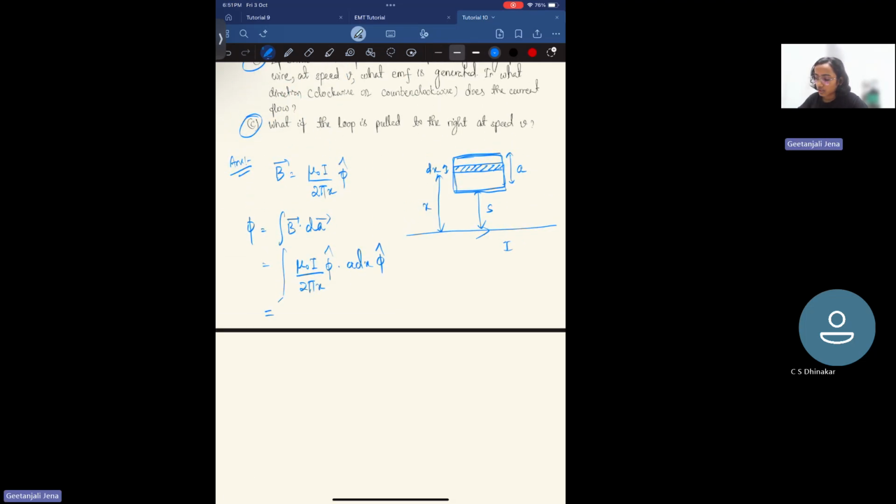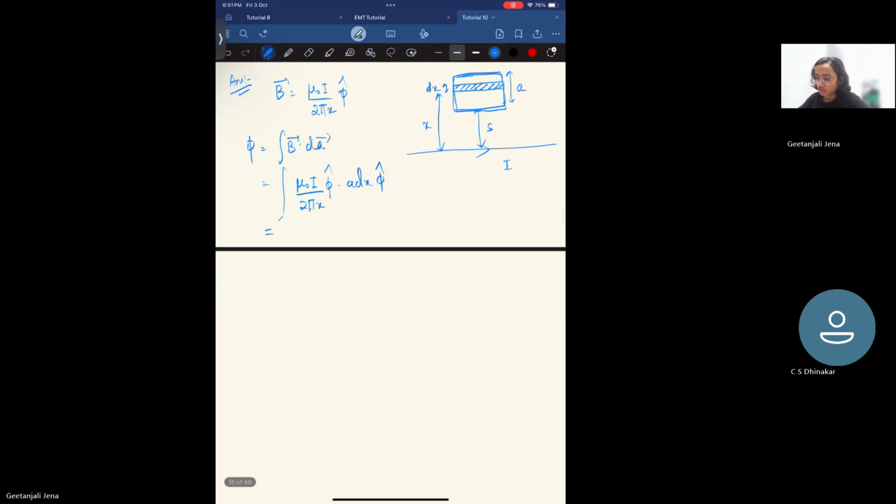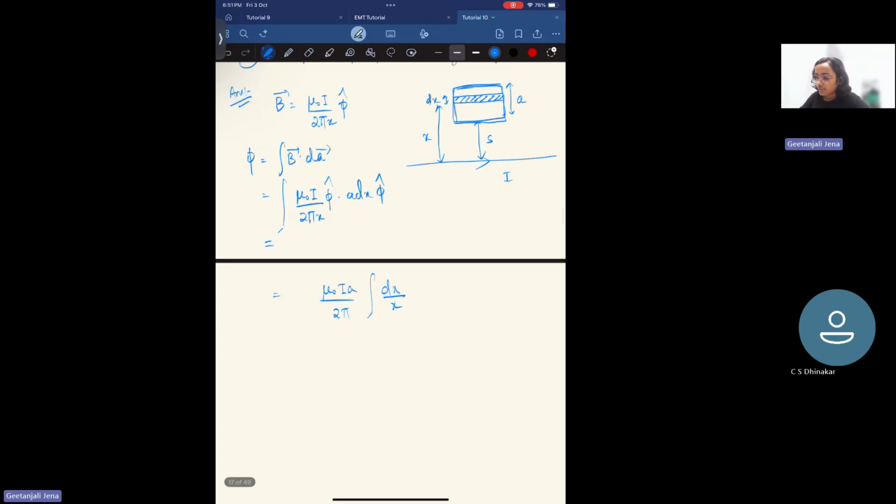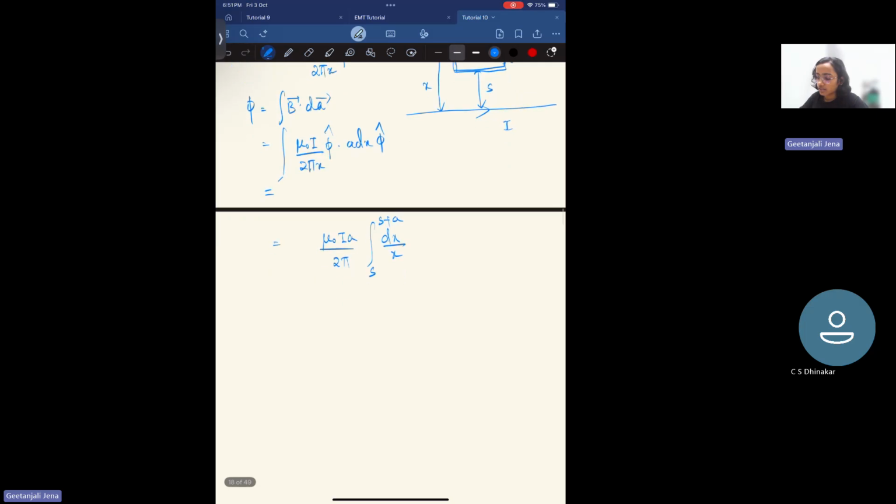This will give mu naught I a by 2 pi, dx by x. So x will vary from s to s plus a. That means this will give mu naught I a by 2 pi ln of s plus a by s. This is the flux.